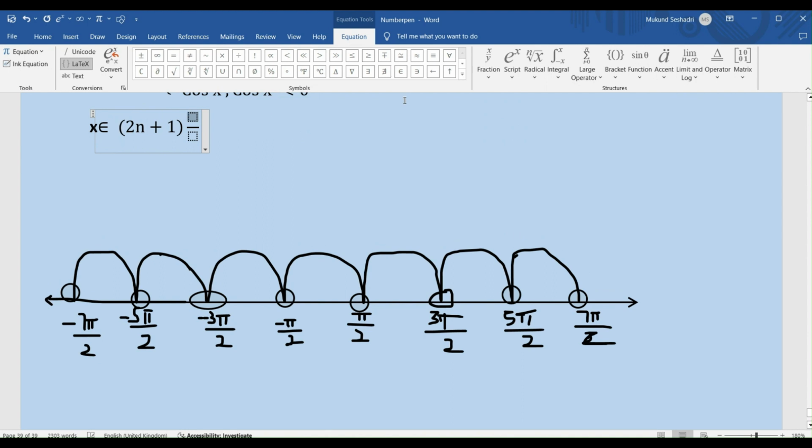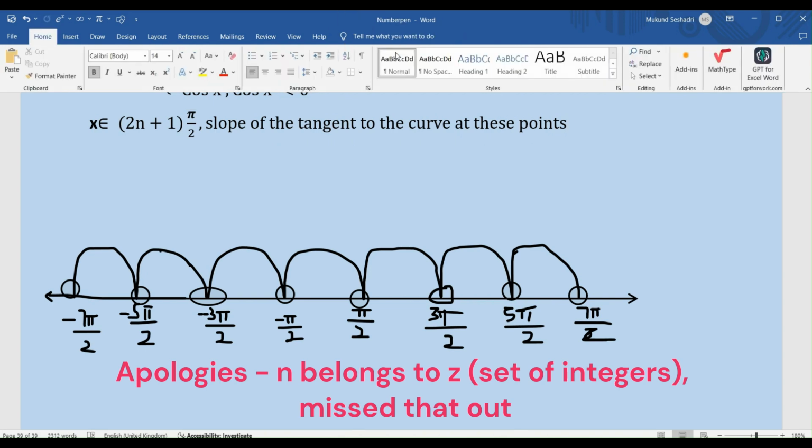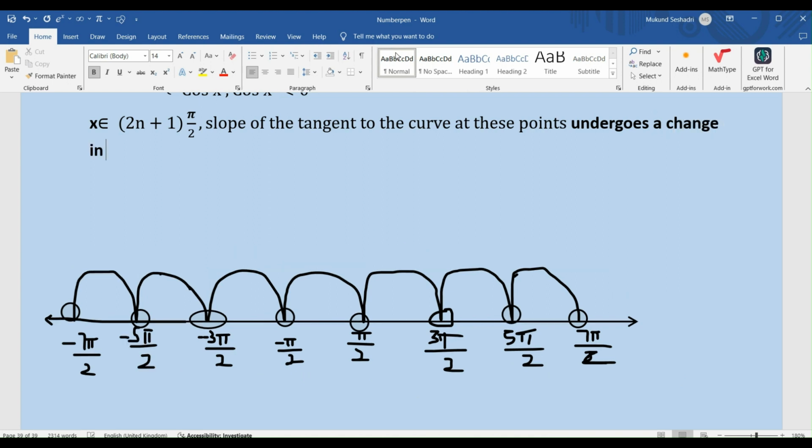And multiplied by pi by 2, right? So at all points (2n plus 1) pi by 2, we know that the slope of the tangent to the curve at these points undergoes a change in direction.